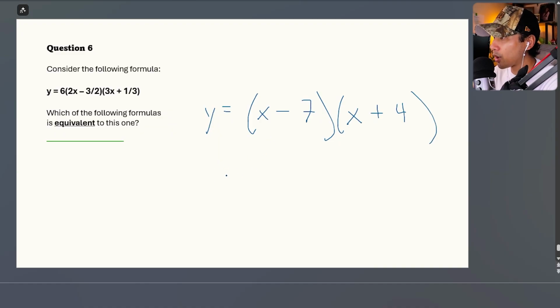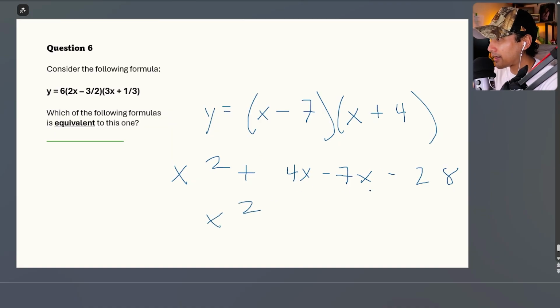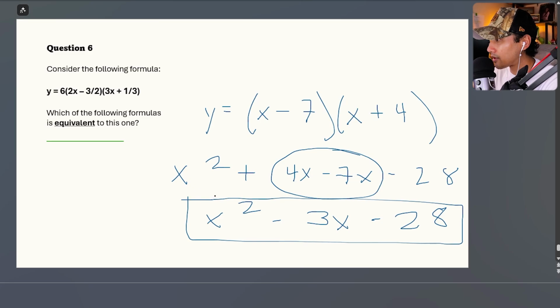And then you use the FOIL method and you get x squared plus 4x minus 7x minus 28. And then you get x squared, combine like terms, right? Combine these, minus 3x minus 28. And there's your answer. This is your answer right here. Boom. And then if you have that coefficient, then multiply the coefficient. But maybe you might get lucky and get this right here.